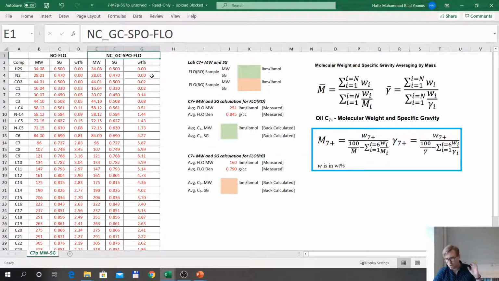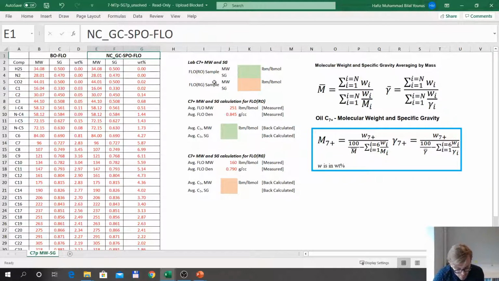As I mentioned, we are going to use measured values. We're going to use measured molecular weights, measured stock tank APIs, but we are also going to use what's measured in terms of compositions, which we agreed is not mole fractions, but it's mass fractions.